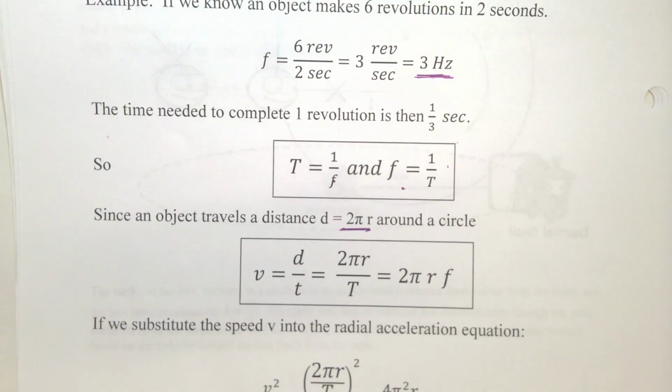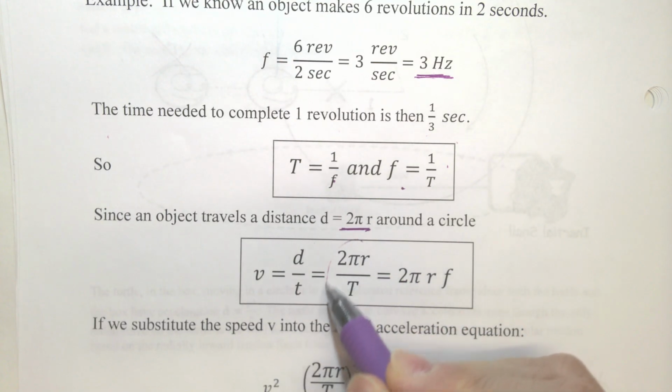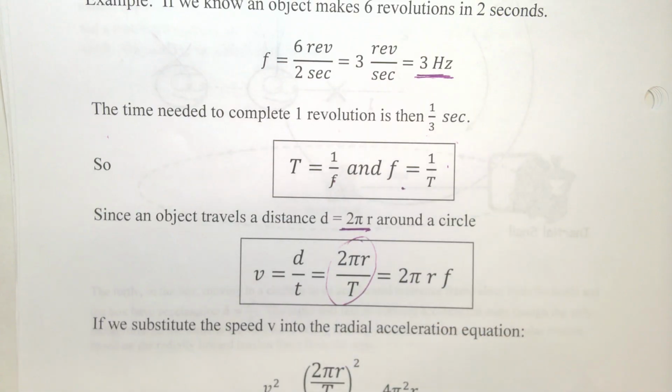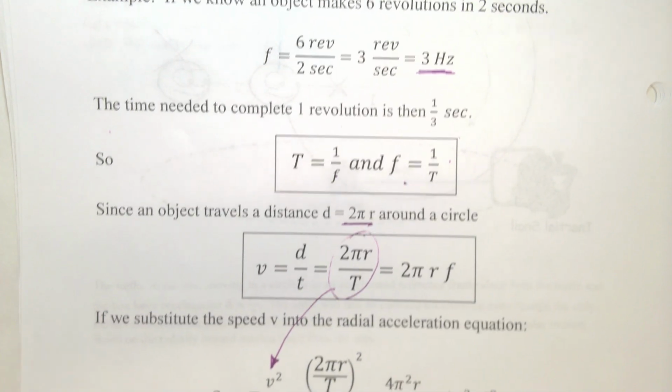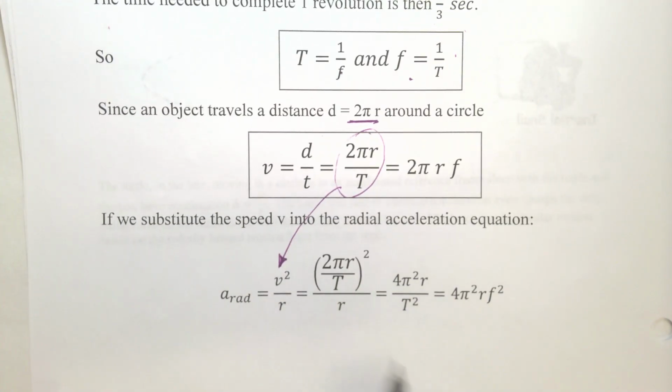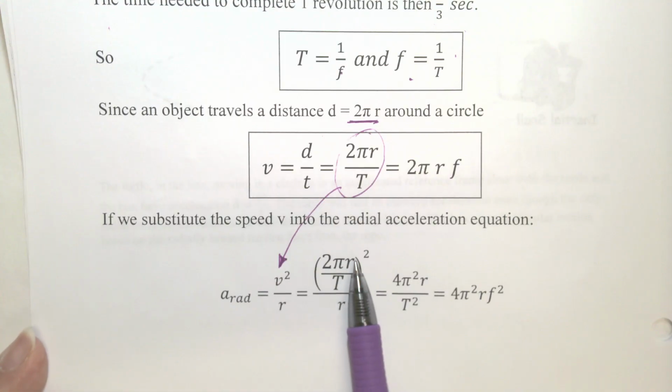Okay? And if we substitute this 2 pi r over the period T for v into our radial, or centripetal acceleration, then a radial is equal to 2 pi r over the period T, quantity squared, divided by r. If we square this inside the parentheses, we get 4 pi squared r squared over period squared, whole thing divided by r, and one of the r's at the bottom and one of the r squared gets canceled out, leaving you with the r at the top.